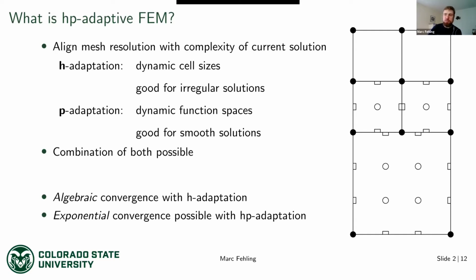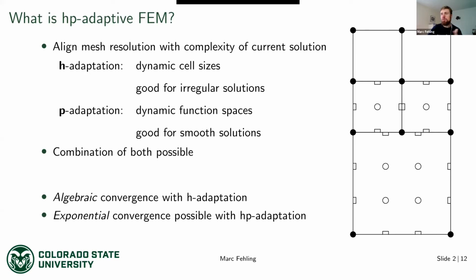One is h-adaptation, where you can assign the size of your cells dynamically to your solution, which is particularly good if your solution is irregular, which means that it either has singularities or jumps in the solution. Or you can use p-adaptation, and that means that you can assign different finite elements to certain cells and basically have different function spaces assigned to each cell.